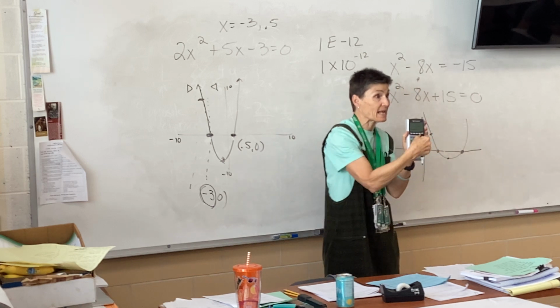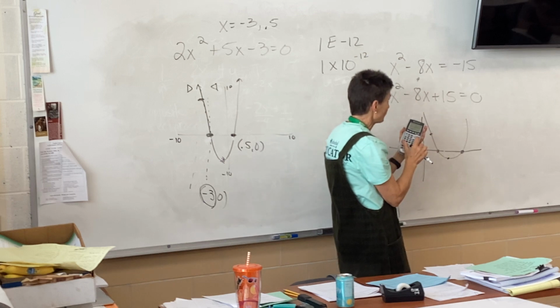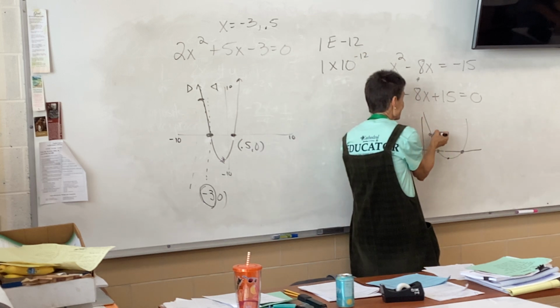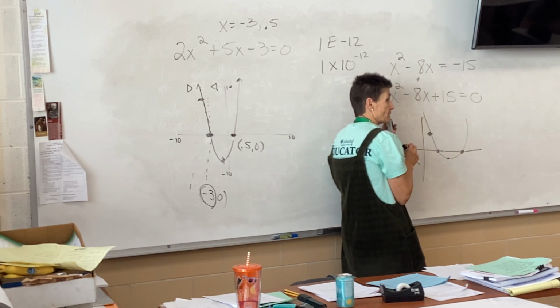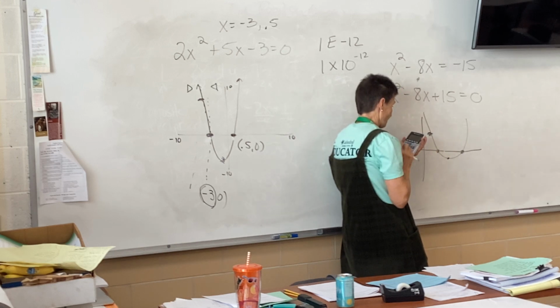I knew that because it says 0, 15. So I arrowed over to the right, and now I see it, and I need to set it somewhere over here. So have your cursor flashing somewhere over here, and press enter.